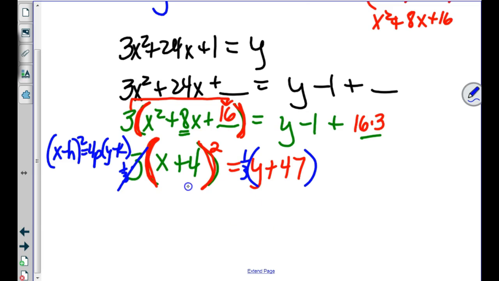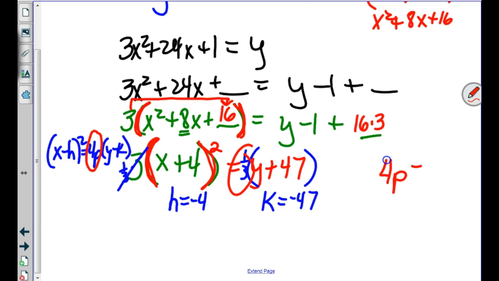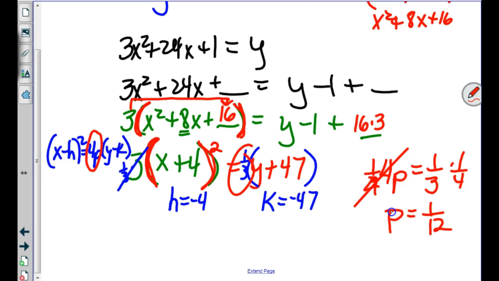So this is h. k is a lovely -47. Okay? But this is not p. Remember, 4p in here is equal to 1/3. 4p equals 1/3. What do we need to do then? Multiply by a 4th. So p is 1/12. Okay?